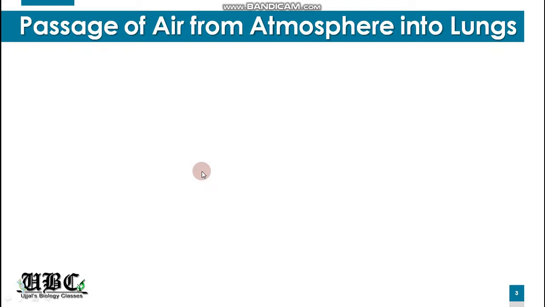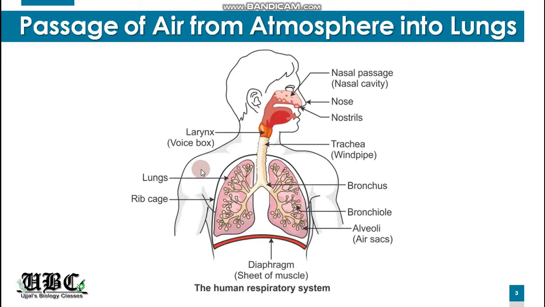Now let us have a look at the passage of air, or the flow of air, from the atmosphere into the lungs. The human respiratory system begins with the nose, then the air goes into the nasal passage. The nasal passage is lined with very fine hair and mucus.